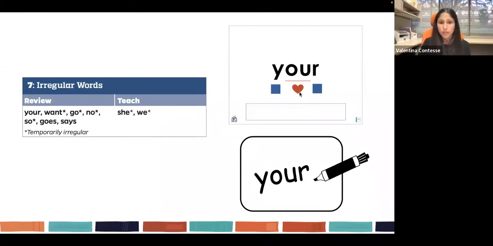You'll see that the O and the U have the heart underneath it because this is the part that's irregular and that we need to discuss with students, that is tricky and that we should be learning by heart in order to read this word. But once again, we don't want to just show them this word and say, this is the word your, okay, let's memorize this word. We want to be intentional about discussing the sounds of this word, including the sounds for this irregular part, the OU.